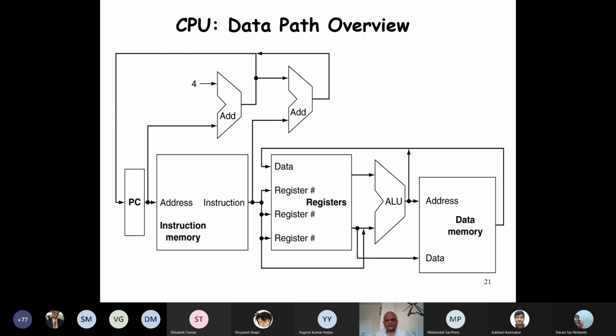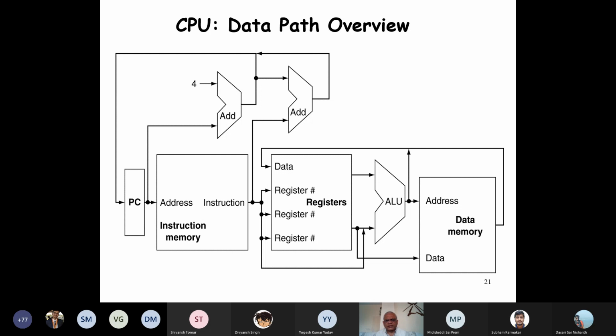So that is the instruction fetch. The instruction comes out here, and then based on that, we decode, find the registers, access the register file, and get the operands.